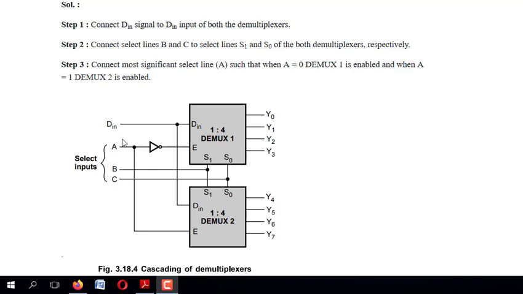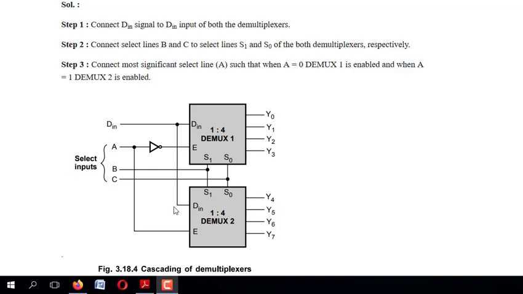Suppose let us take the value as 1. If it is 1, the 1 is applied to demux 2. Automatically your demux 2 will be in activated state. What will be the output of this NOT gate? If the input is 1, the output is 0 here. This 0 will be going to the enable. So automatically your demux 1 will be in off state.